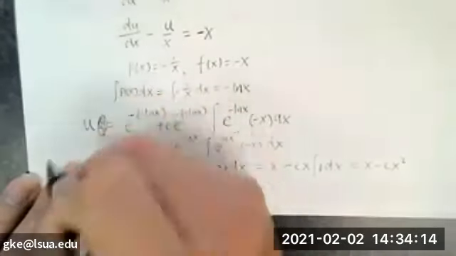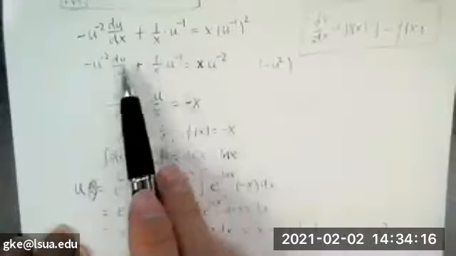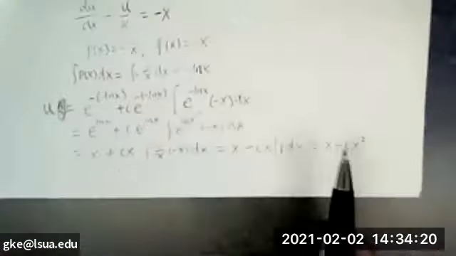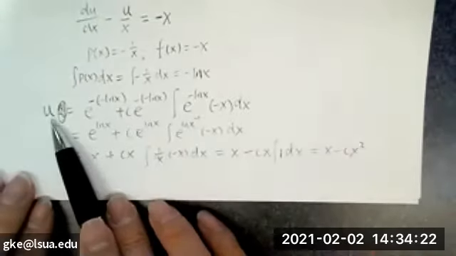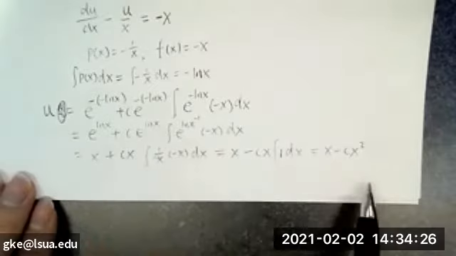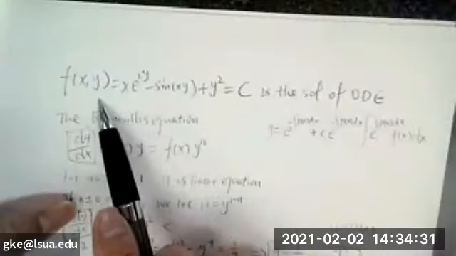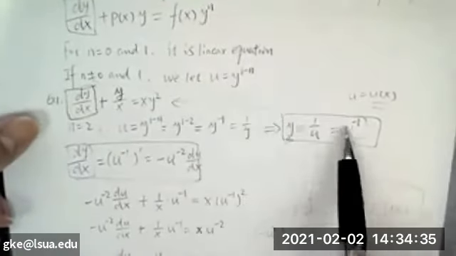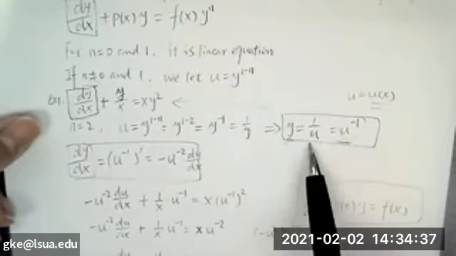Sorry, it should be u, because this equation's independent variable is u. As I mentioned before, u is just an intermediate variable. So the function is about y. What is y? y equals 1 over u.